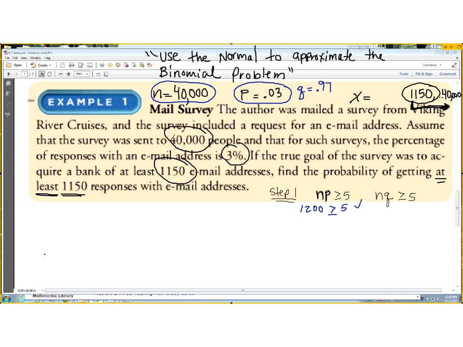Okay, so then for n times q, if you multiply those two, you got 38,800. Okay, so that's also greater than 5. So we can continue because the requirements have been met. N times p and n times q both are greater than or equal to 5. So we can continue.